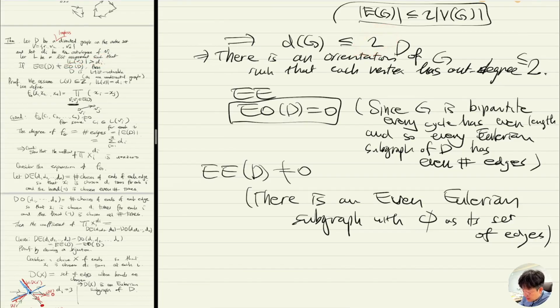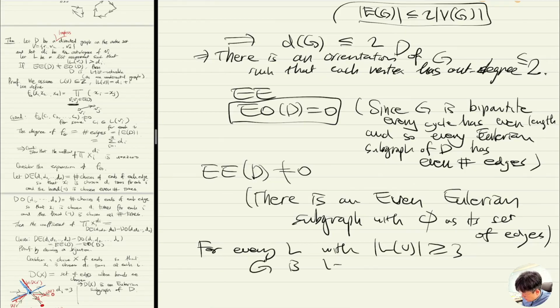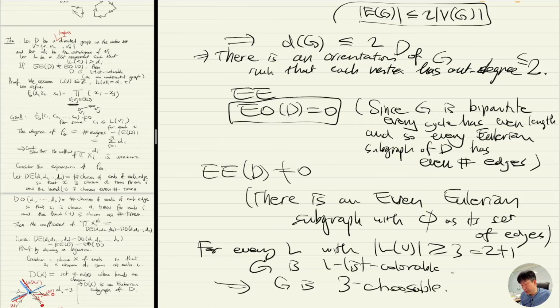So for every L with lists of size 3, G is L-list colorable. So this implies that G is 3-choosable, so the list chromatic number is at most 3. Okay, so that's the proof.